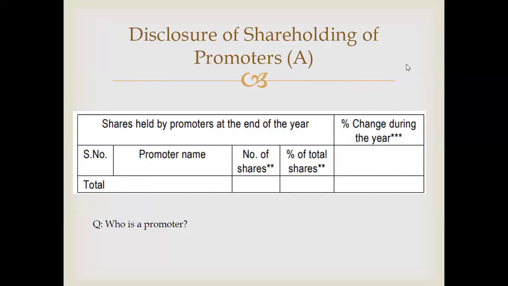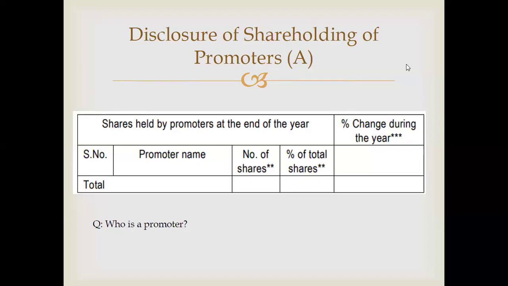And if I'm going to purchase the shares in open market, then the SEBI talks about, if I purchase the percentage of shares of any company, then what is the maximum limit?